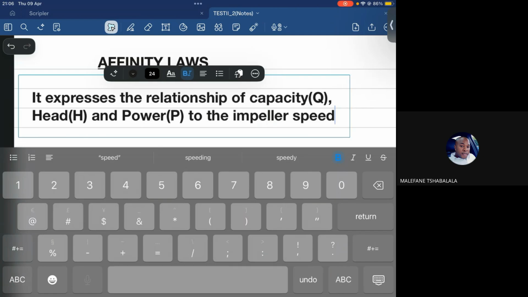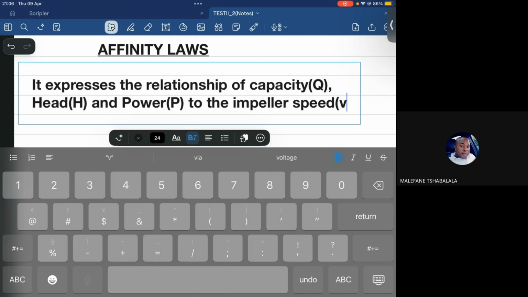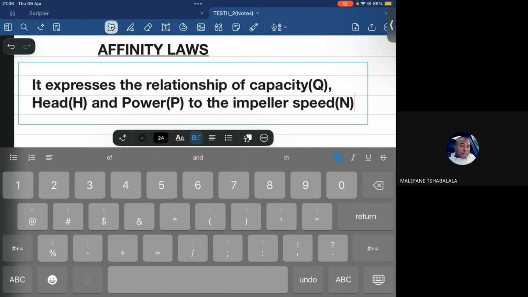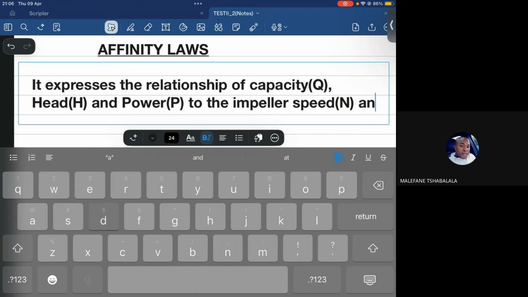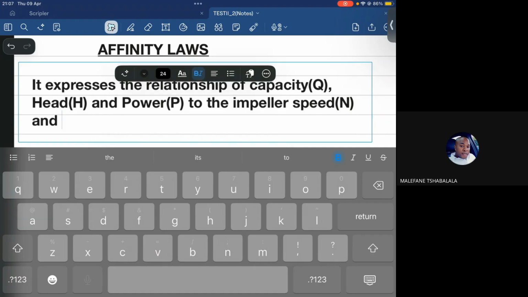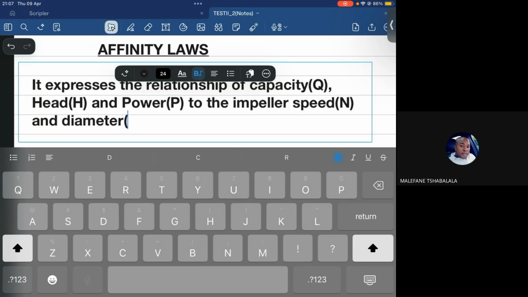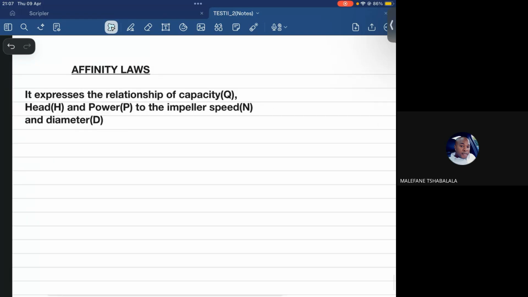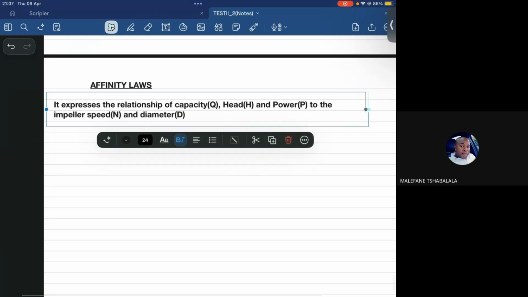And of course, speed is represented by capital letter N in revolutions per minute. And what else? And the diameter. So this is the law of affinity, the affinity laws of the centrifugal pump graphs.